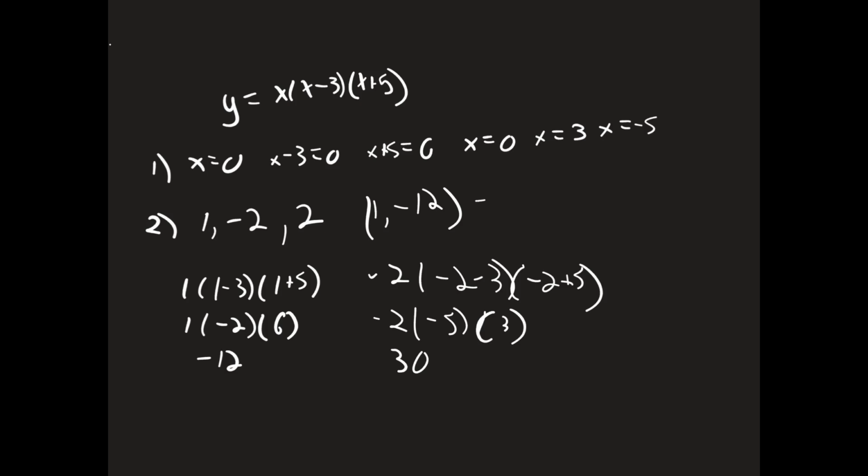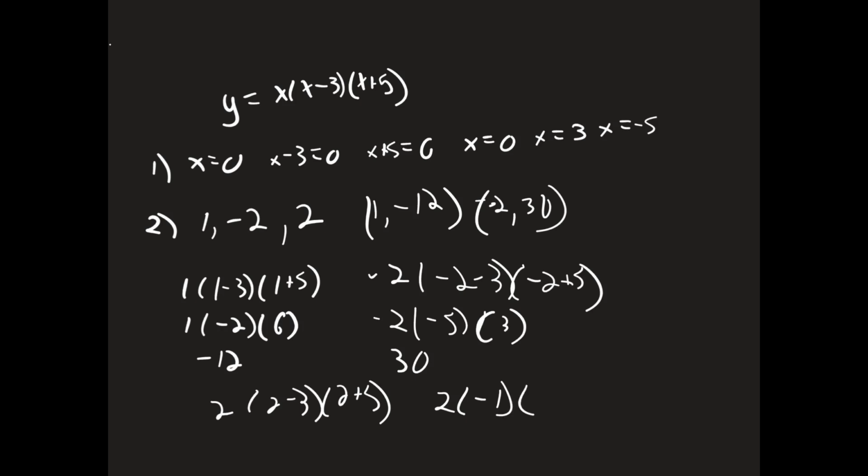So I have negative 2, 30. And then I plug in my last one, 2 times 2 minus 3 times 2 plus 5. So we have, I'm going to write this one next to it, 2 times negative 1 times 7. So we have positive 14. So I have positive 2, positive 14.